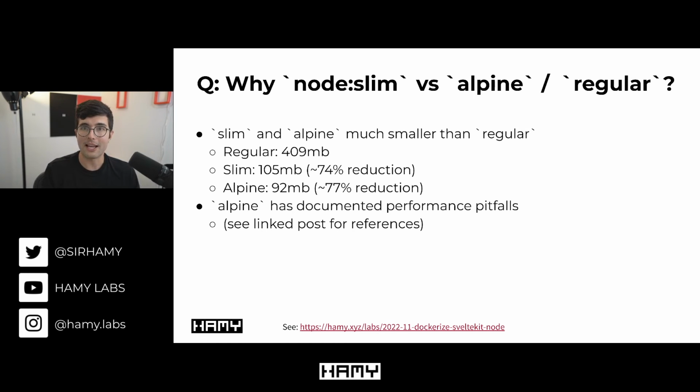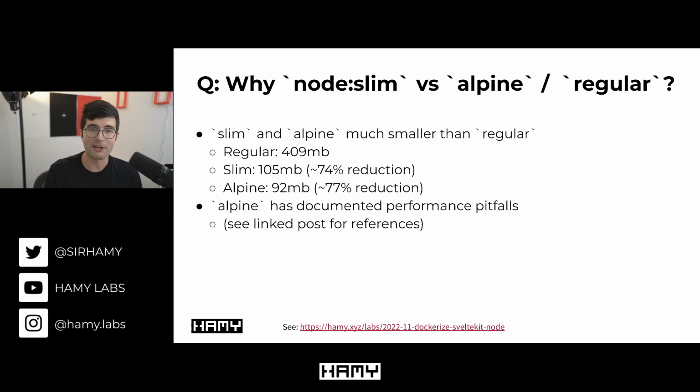But those libraries they use are often not the most optimized. They're often not the most standard ones out there. And so in some ways, if you use them in particular ways, they might have significant drops, like up to 50% in some cases, especially when running Node. So I have links to all these references for all these performance pitfalls that you can find again in the linked thing.